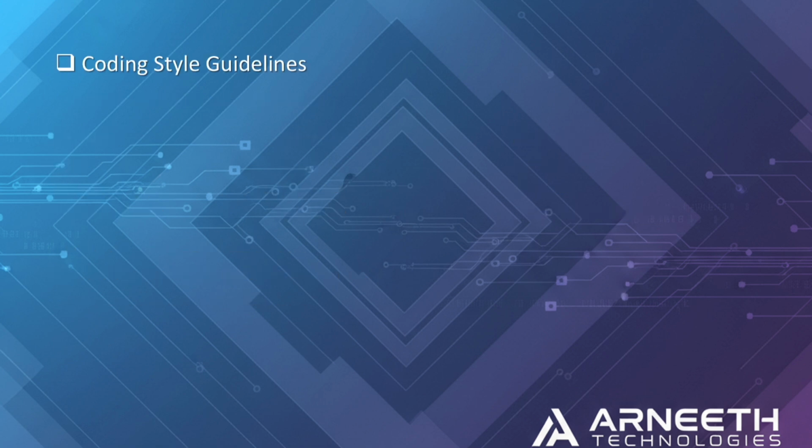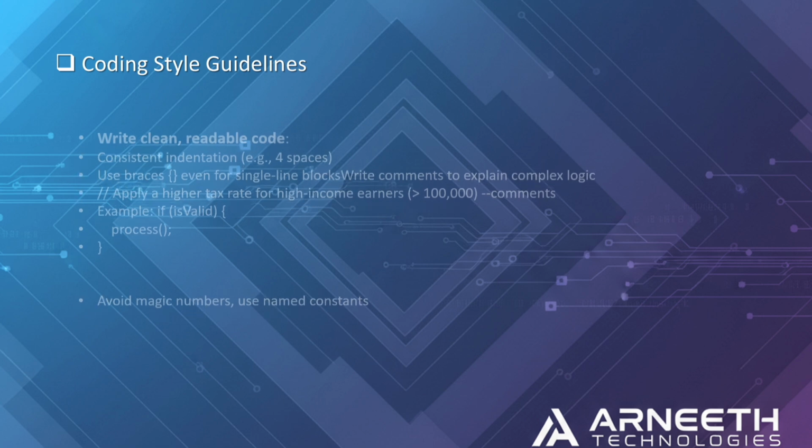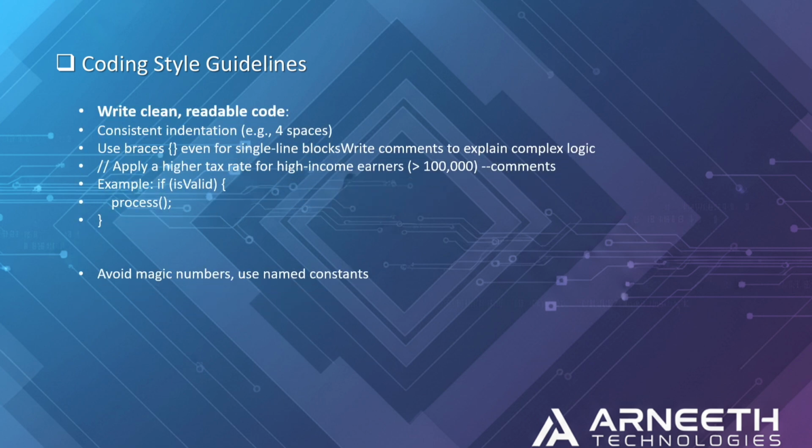So what coding style guidelines do we have to follow in C sharp? Write clean and readable code with consistent indentation and braces. Use braces even for single line blocks, and write comments to explain complex logic. For example, in the following code we have shown comments. The comment part starts with a forward slash: apply a higher tax rate for high income earners.